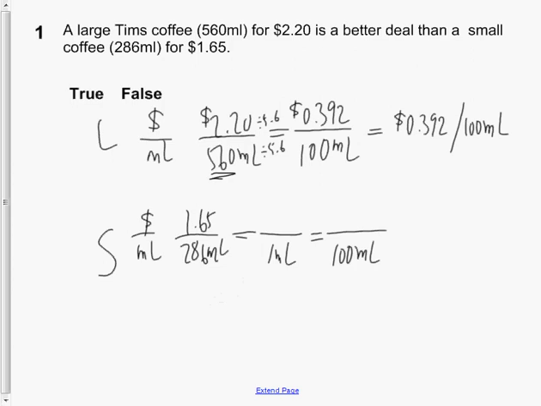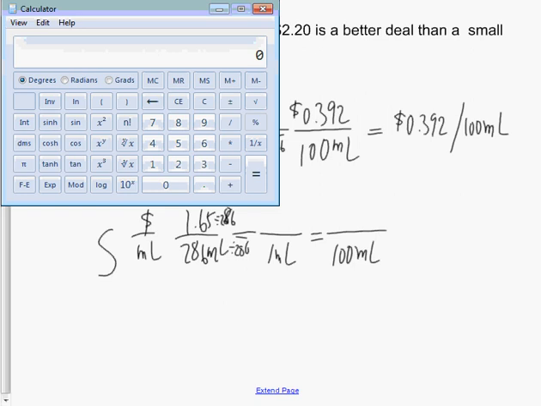But if you don't know that, I'm just going to show you how to do it without having to do that part. Okay, so if I was to take this and divide by 286 and divide by 286, and take my calculator and say what's $1.65 divided by 286 milliliters, that would tell me that each milliliter is less than a penny.